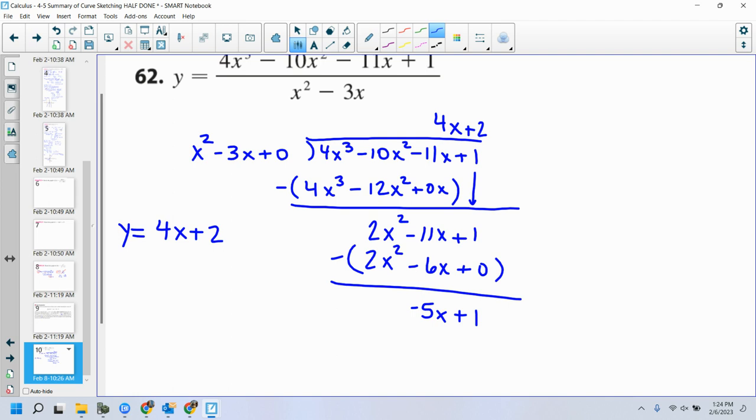Now I would write negative 5x plus 1 over x squared minus 3x. However, if I go in the long run, what happens to my remainder? So I can say that my slant asymptote is y is equal to 4x plus 2. Questions about that?